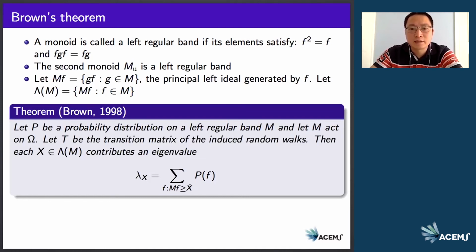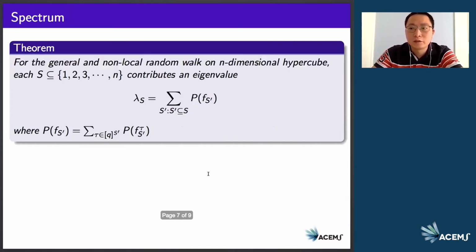Bigger than means that X is a subset of MF. And here is just the probability of F. So we just use this theorem, and after a bunch of calculation, we can apply this to our case.